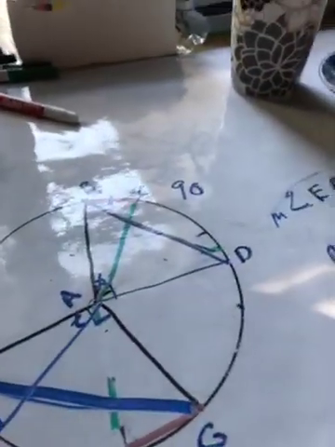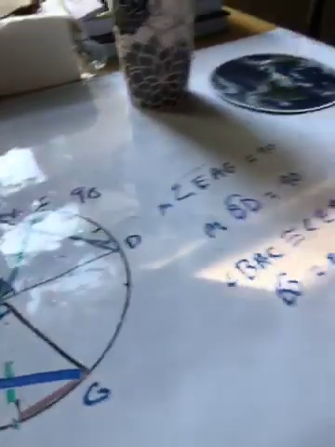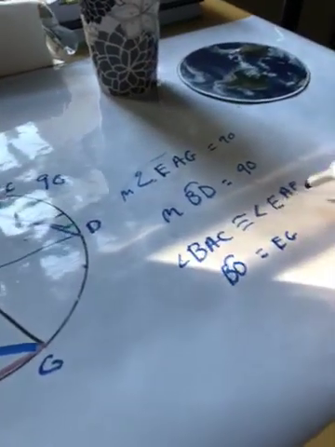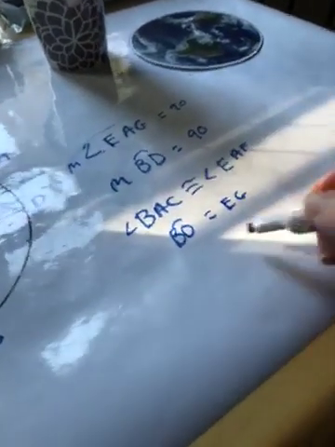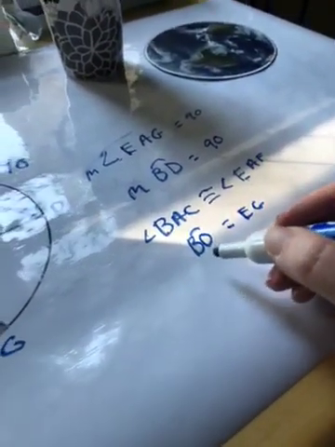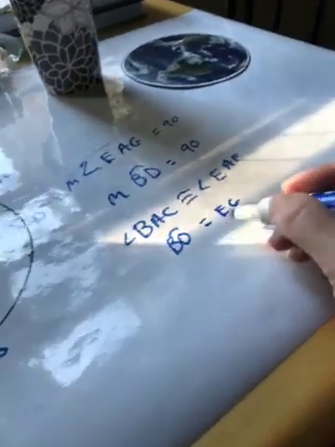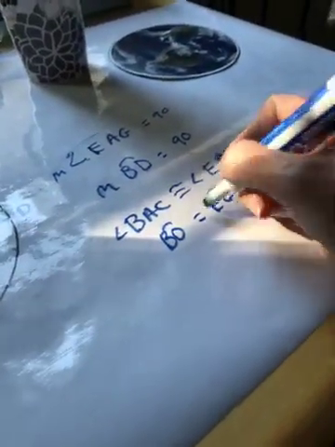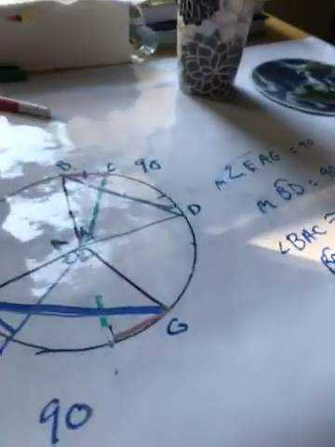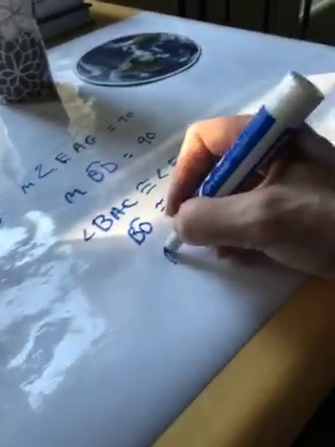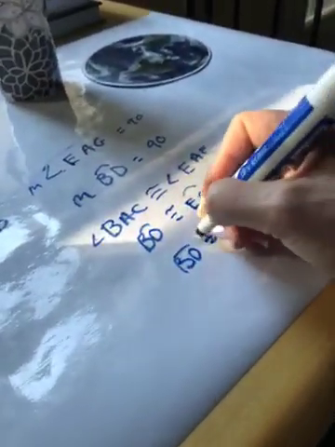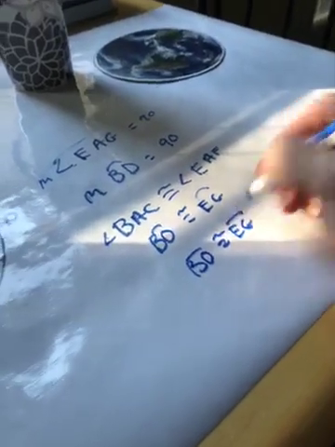We just did that. And then arc BD is going to be congruent to arc EG. And you're done. And if it's a line, BD is congruent to EG. All right, that's that one.